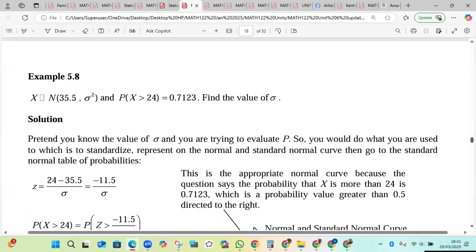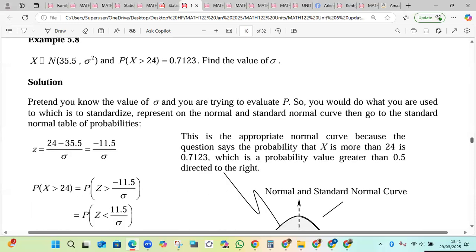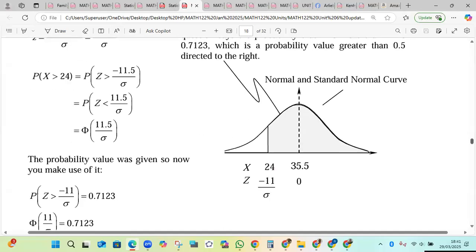Then we have to find sigma. We have example 5.8. It's not quite similar because the probability value is 0.7. That's a big chunk. Okay, and 24 is less than 35.5, so as you can see, 24 will be on the left side of 35.5.